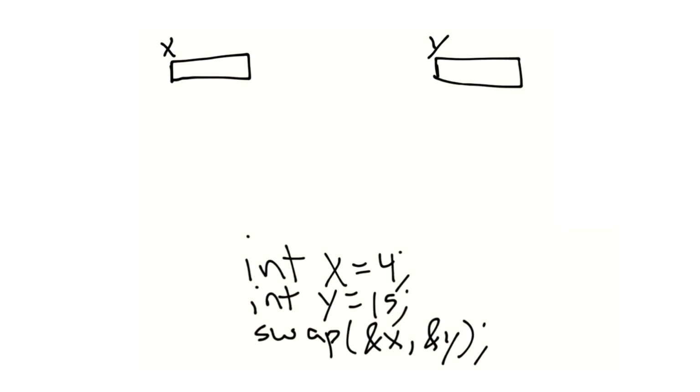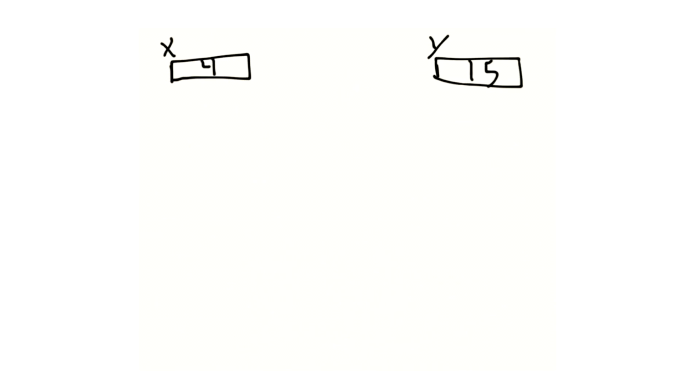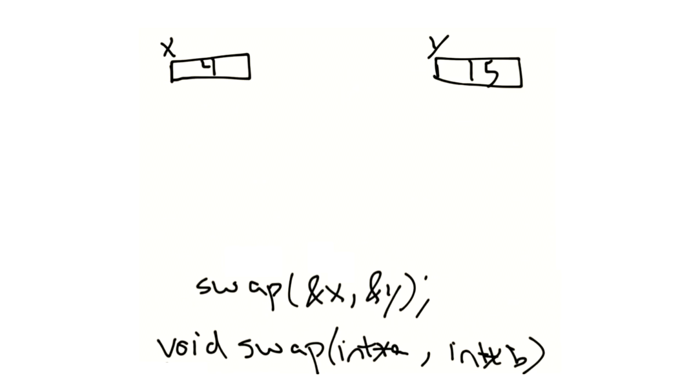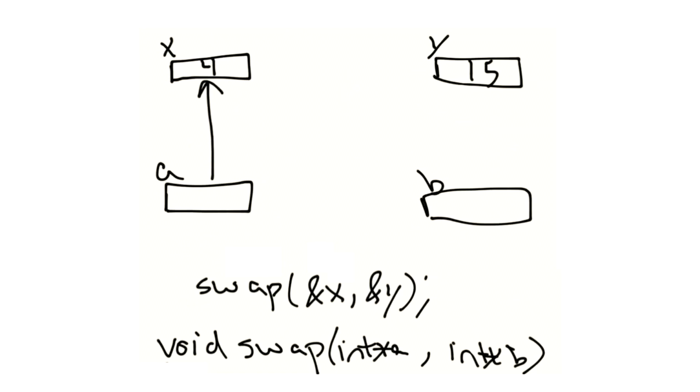Let's draw a box and arrow diagram to see why this works. We start with our two boxes in memory, x and y. Inside of the box for x is the number 4. And inside of the box for y, we have 15. Now, inside of the call to the swap function, we have two more boxes for the arguments a and b. a points to the box for x, and b points to the box for y.